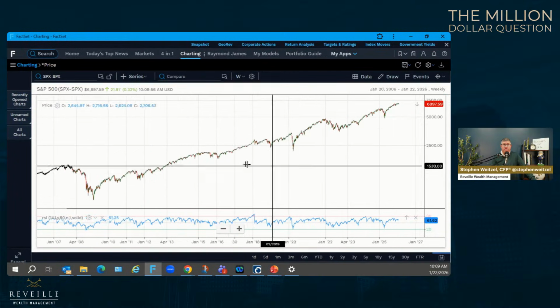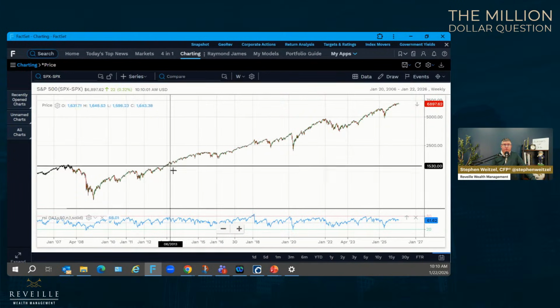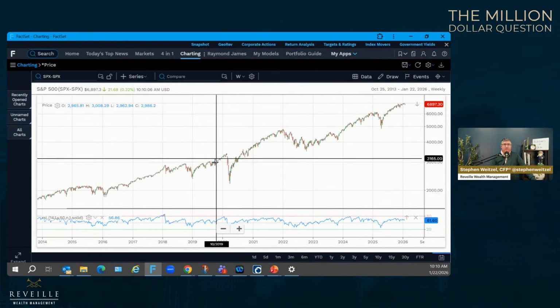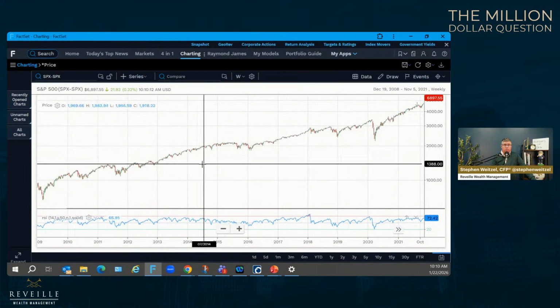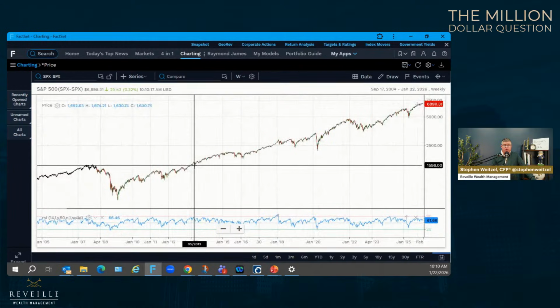Early 2013, we finally broke out from those former highs. And those former highs turned into support. Right? Those former highs turned into support. That's what we like to see in a polarity principle.